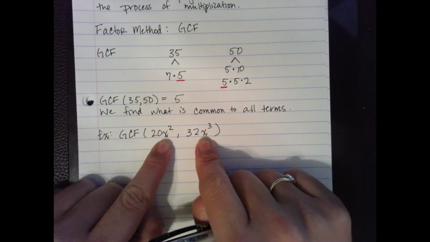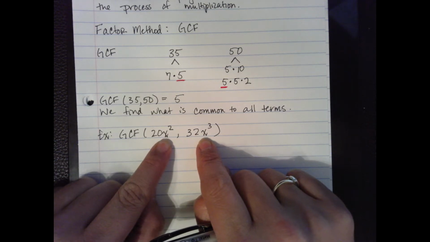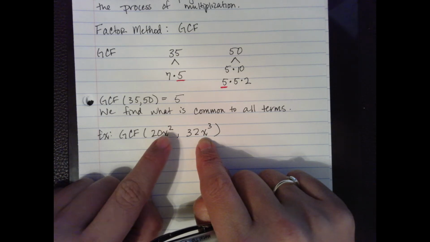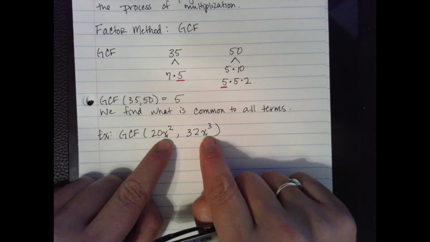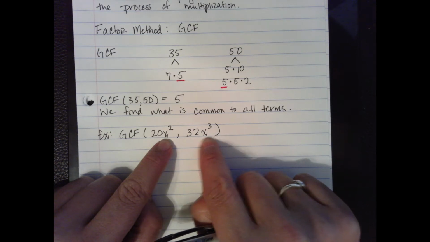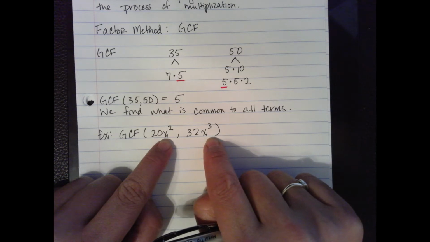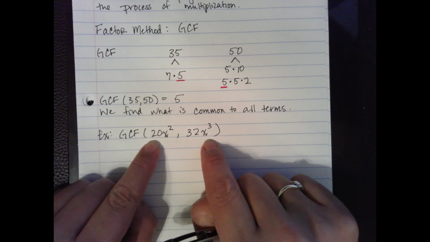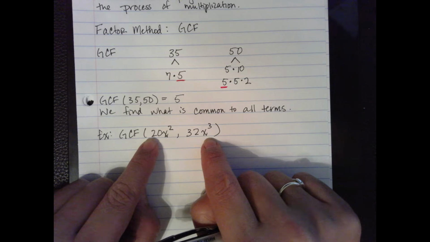And then we look at the variables that are involved. Generally, the easiest thing to remember is that we're looking for the smallest number of variables. So here I have x squared. I also have an x squared over here, but it's being multiplied to another x. So we can rewrite these two terms to show all of those factors.